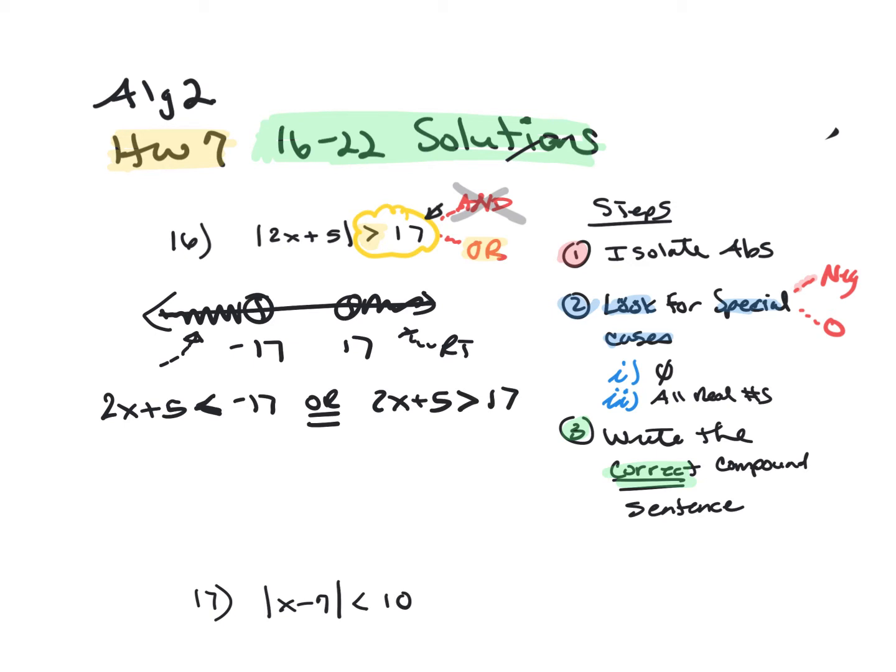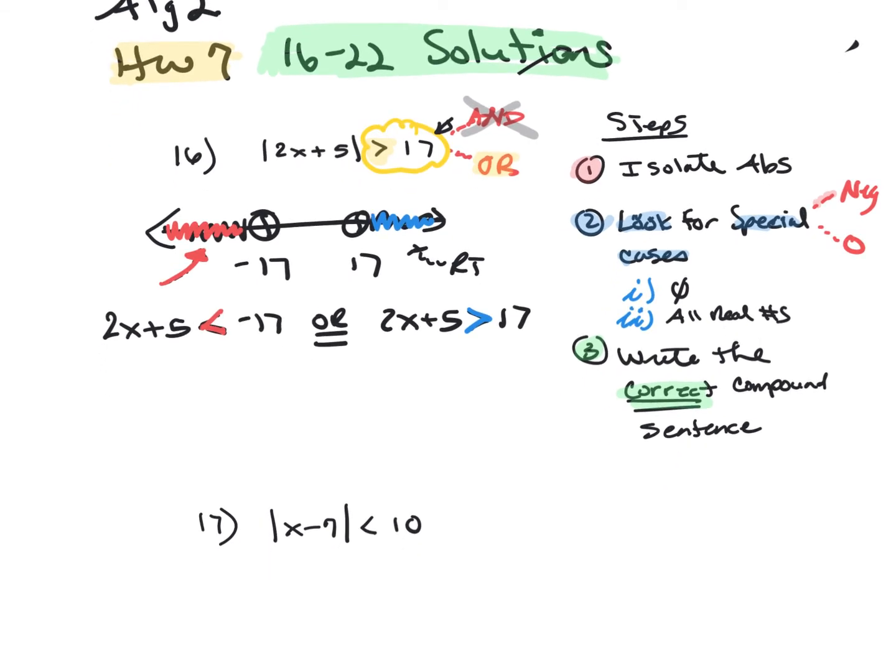Some of you are not showing that we need to describe to the left of negative 17, so less than, and to the right of positive 17, so greater than. Some of you are not using the correct symbols to describe that.